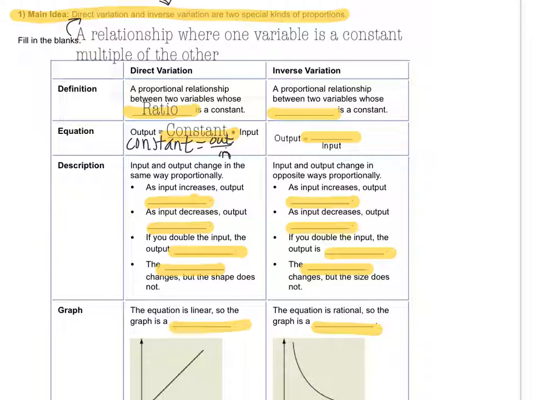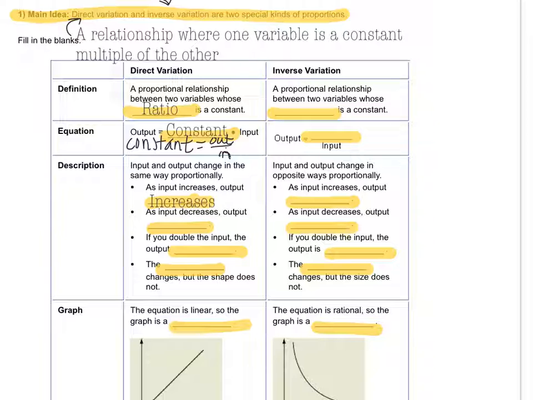When you think about it, that's y over x, or rise over run, or slope. Boom, it comes back. So the description: input and output change in the same way proportionally. As the input increases, the output does the same thing. You guessed it, it also increases.